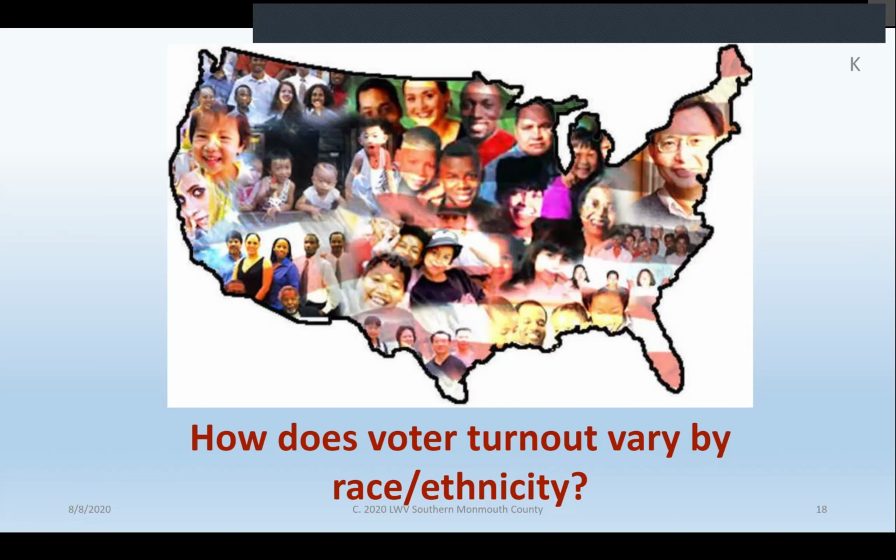The U.S. Census Bureau has changed the way it names races and ethnicities. The first thing to know is that they do not think of Hispanic as a race. There is a white race, there is a black race, there is an Asian race, and there's Asian Pacific.